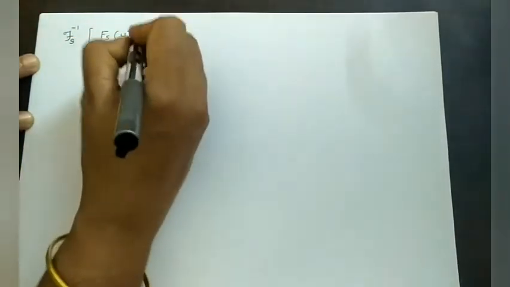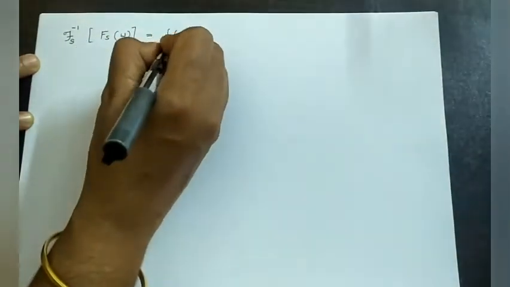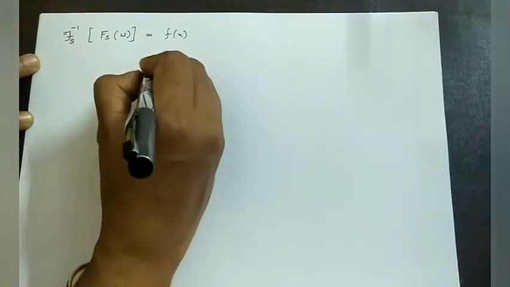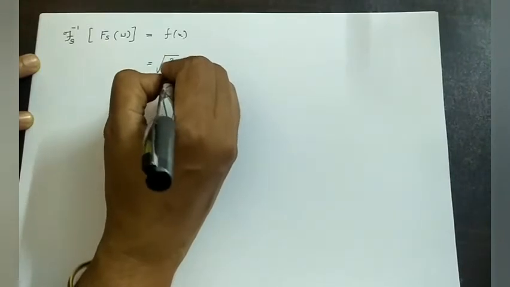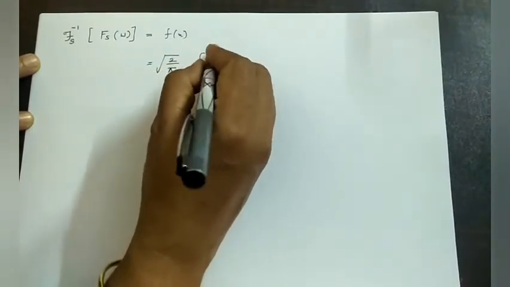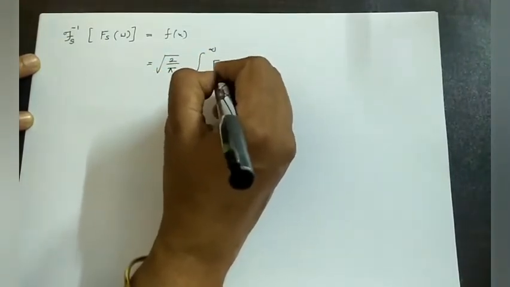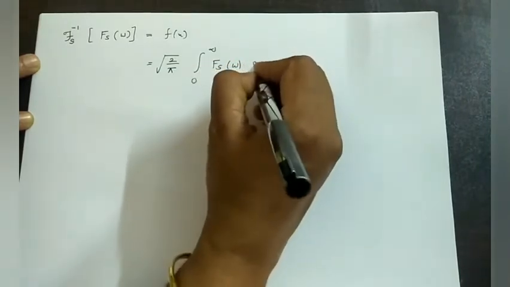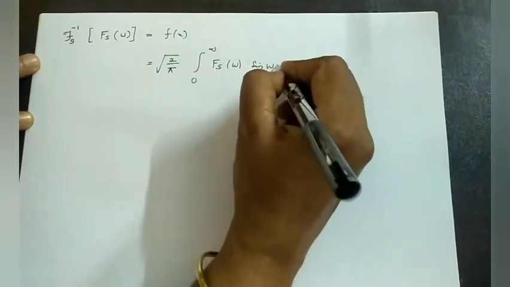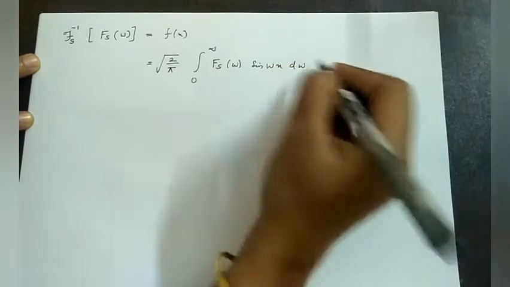Now the inverse Fourier sine transform is denoted by using the same letter with an inverse sign on the top of fs omega, which is equal to f of x, and which is equal to square root of 2 by pi integral from 0 to infinity fs omega sine omega x with respect to omega.